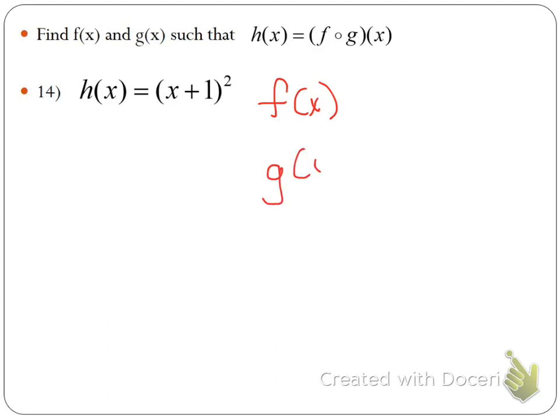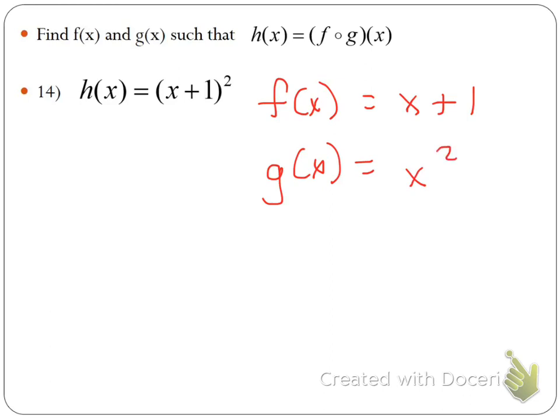And g of x been equal to? To give me this. And I know it's f of g of x. Caitlin? F is x plus 1. F of x is what? X plus 1. Okay. And then g is x squared.